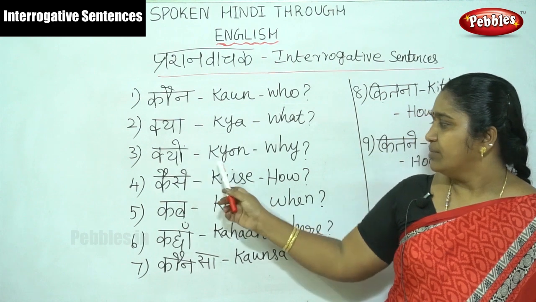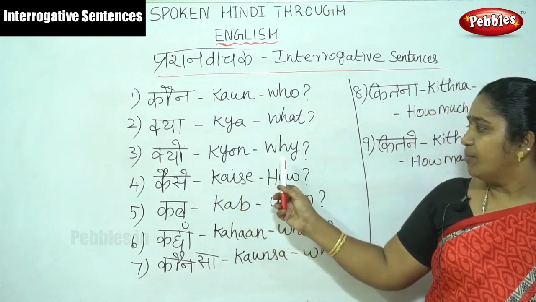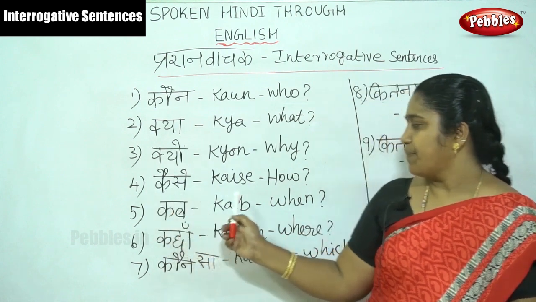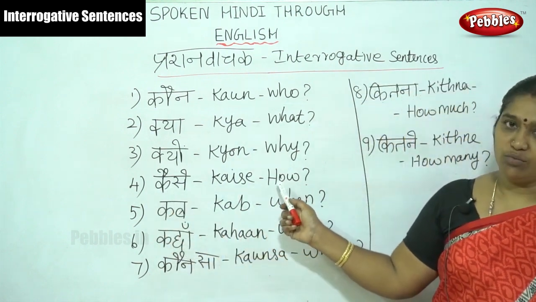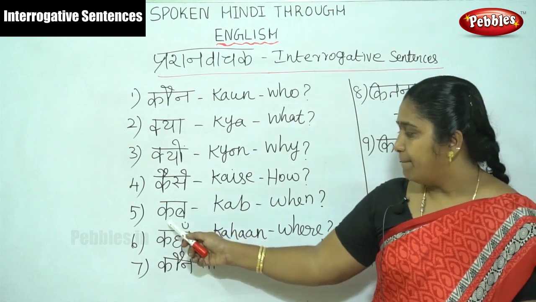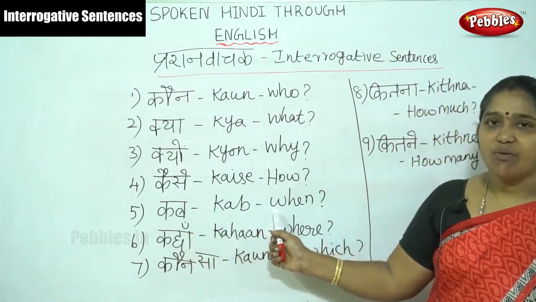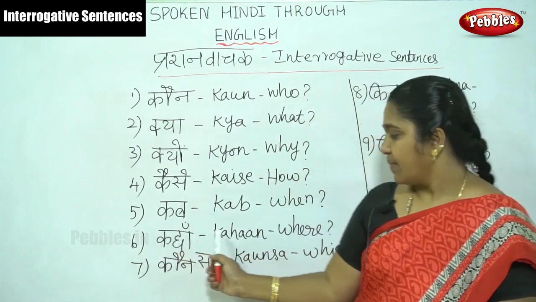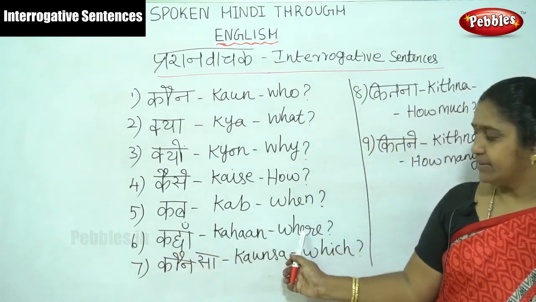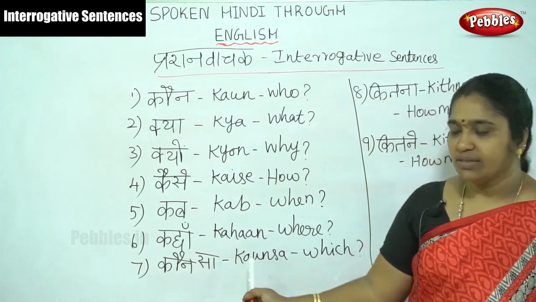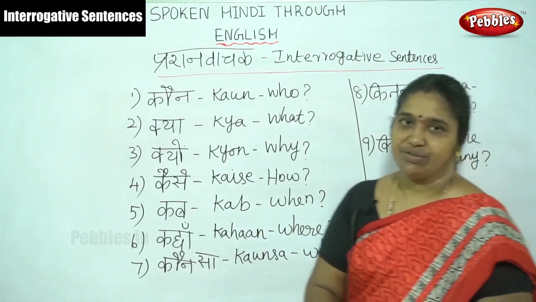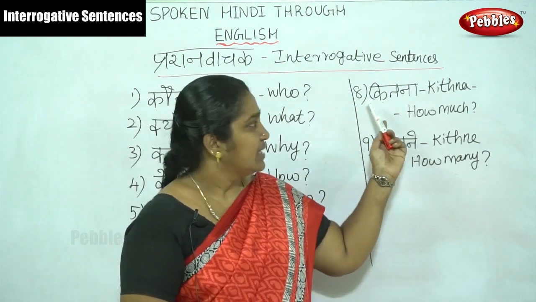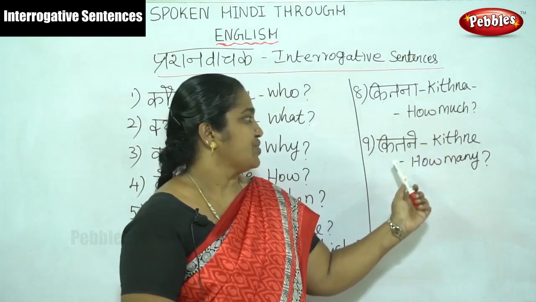Then kyun, why. Then the fourth one is kaise, how. Then kab, when. Then kahan, where. Then kaunsa, which. Then the eighth one, kitna, how much.